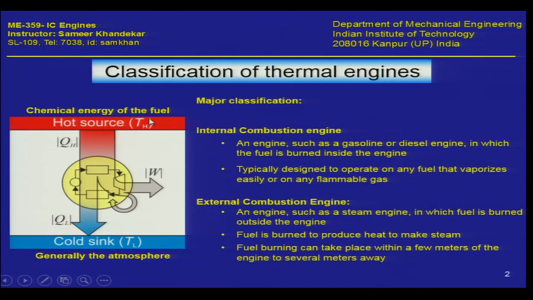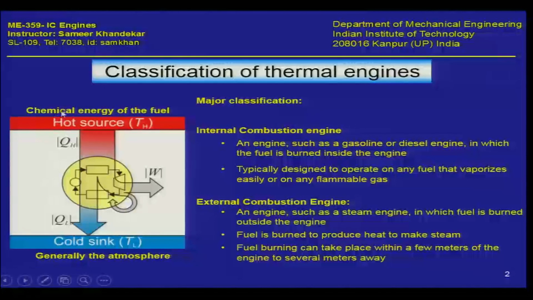The fuel can be petrol, diesel, gas, LPG, or whatever fuel we are going to burn. The enthalpy of combustion is released in a certain volume, the temperature of that gas volume goes up, and from that point our engine starts. This is the hot source temperature, the temperature of the combustion chamber, for example.